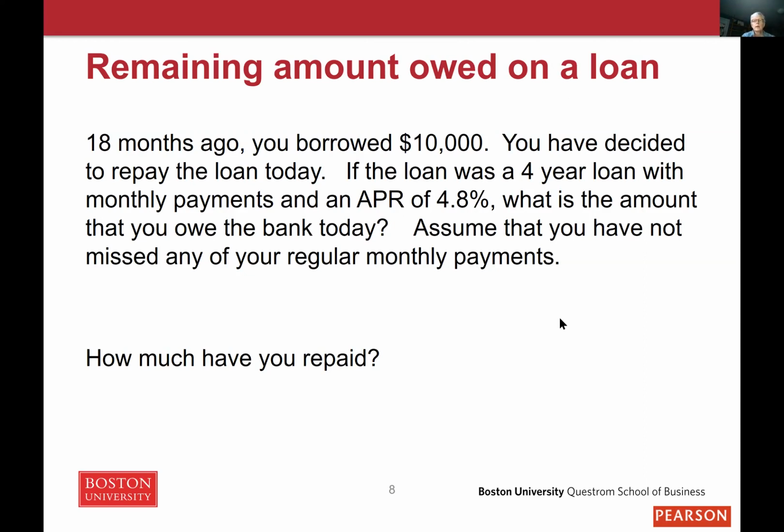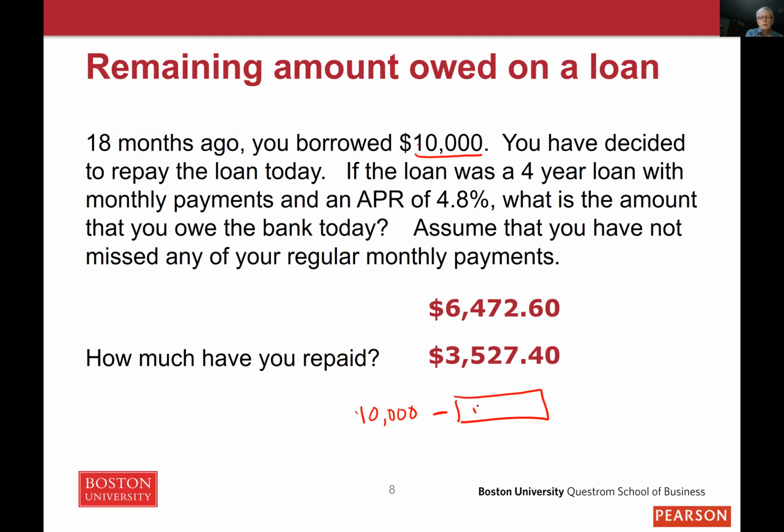So the two key things here are that you need to find out how much you owe. And once you know how much you owe, and we'll come back to that, if you borrowed 10,000, you subtract what you repay, and you're left with what you owe.